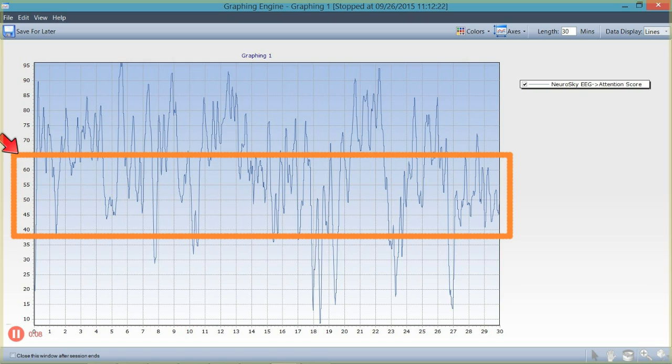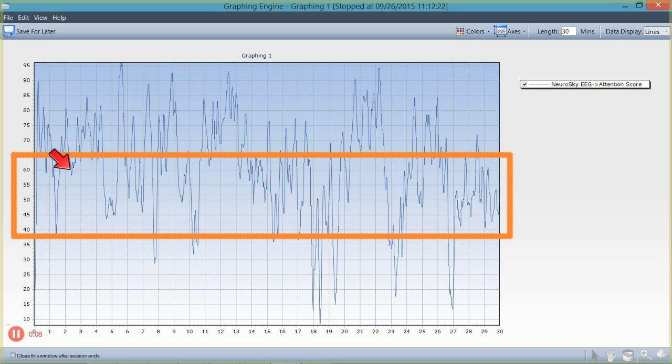So from 60 here to 40 is our baseline range. All right, so that's what we're interested in for the tone being triggered during this time, okay? Because we are below 60. 60 is where the tone is triggered.